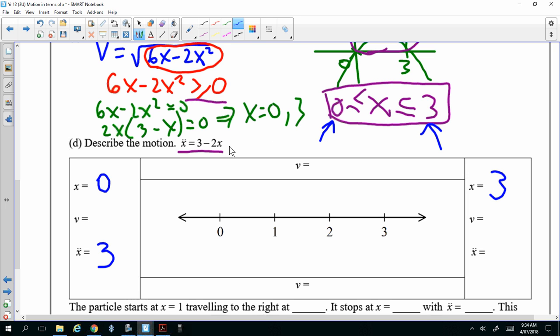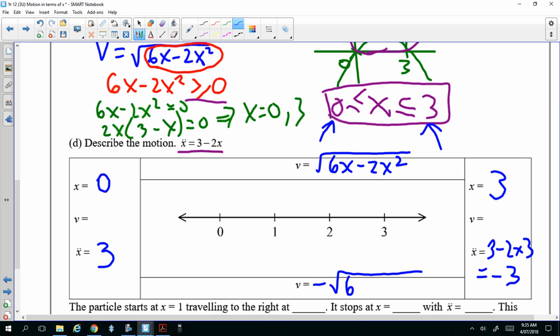Now, what's the velocity? They both have the same equation, but one of them is positive and the other is negative. Why do we have two different equations for velocity, but with the same acceleration? Let's see what that means in terms of the motion.